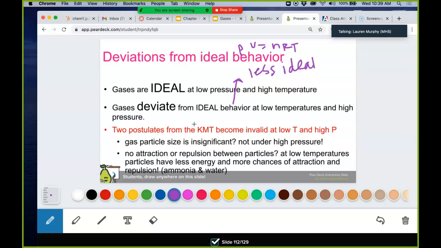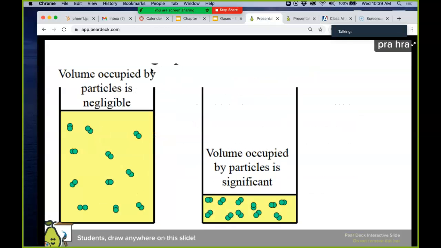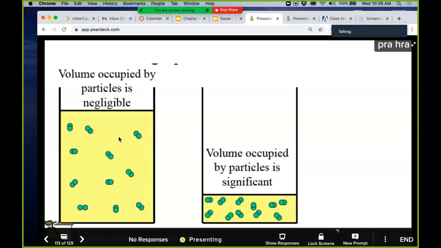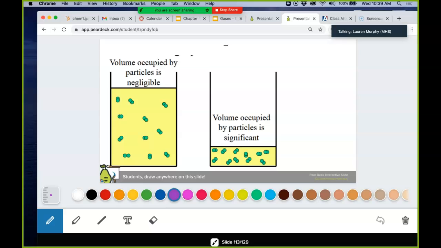When you start throwing gases under tremendous amounts of pressure, usually by shrinking the volume of the container, all of a sudden, the size, right? We pretended in the kinetic molecular theory that the gas size is negligible.